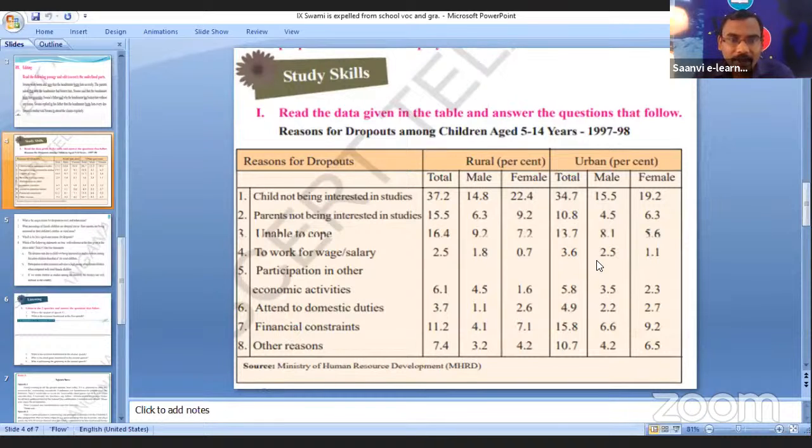So other reasons are parents not being interested in studies, unable to cope, to work for wage or salary, participation in other economic activities, attend to domestic duties, financial constraints. And we have other reasons as well. I hope everyone has the textbook with you.